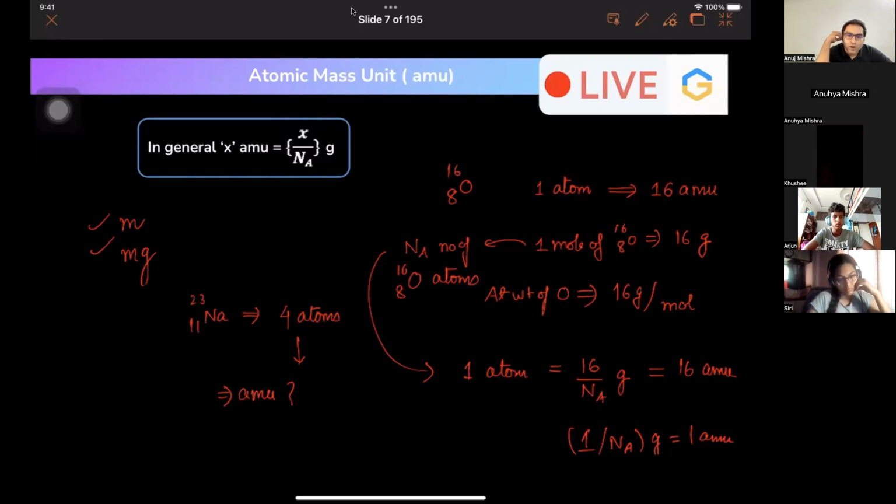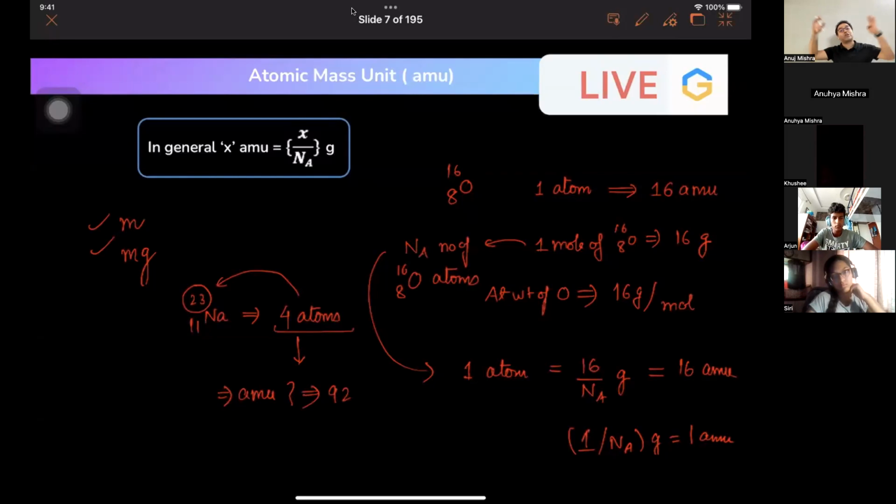Vidisha, Arun, Maya, Arpit, Yuvraj, Misty, 92. Very good. Why 92? 23 AMU is mass of one single atom. You have 4 atoms. So what is the mass? 23 multiplied by 4. How many AMUs? 92 AMU.